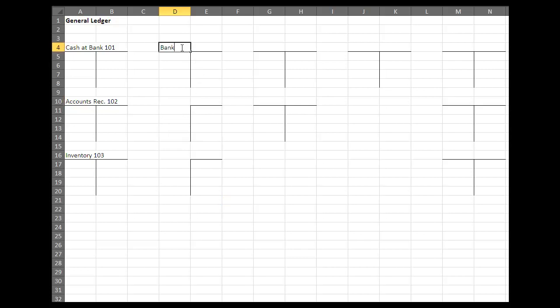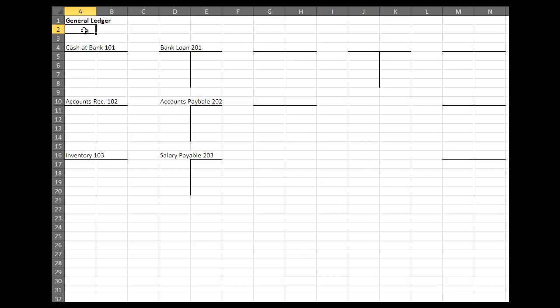It is bank loan 201, and accounts payable 202, and then salary payable 203.